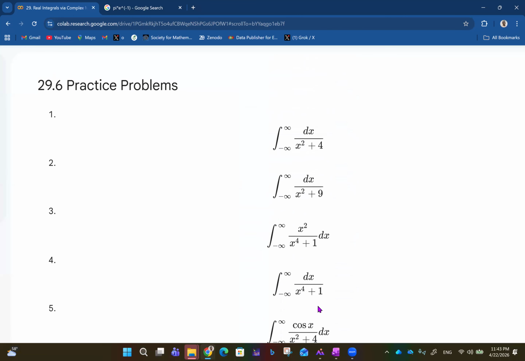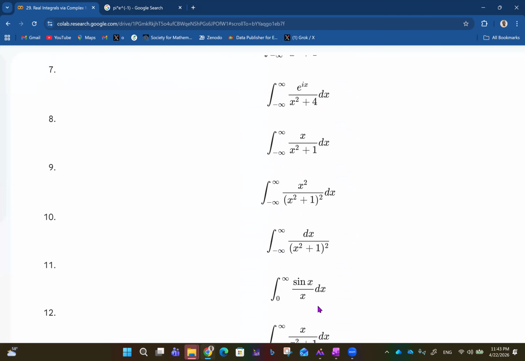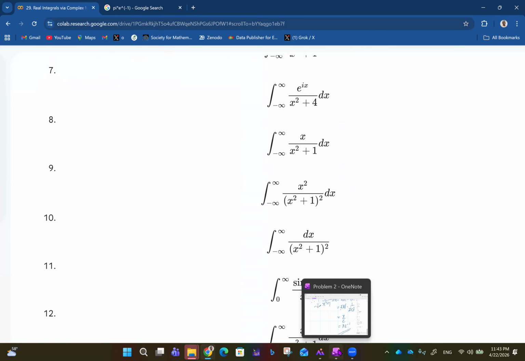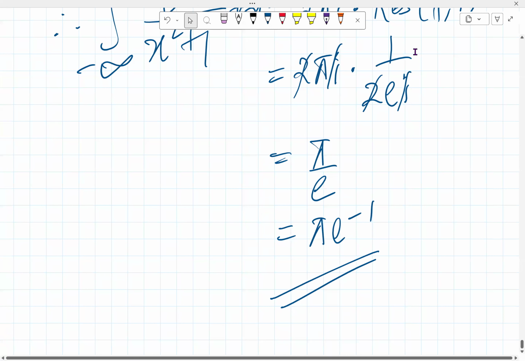Question 3 is x squared all over x raised to the power 4 plus 1. Thankfully I'm solving that because it's looking really complicated. Then I'm solving 10, which also has x squared plus 1 raised to the power 2. So let's go on and deal with these two problems as we begin to bring this home gradually.